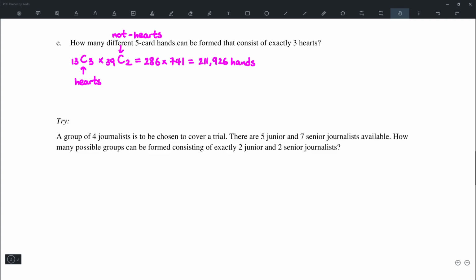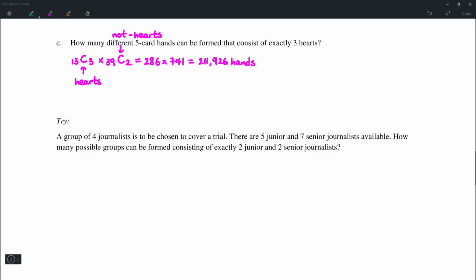Okay, next question is still about combinations along with the fundamental counting principle. So here it says we are selecting 4 journalists to cover a trial. There are 5 junior and 7 senior journalists available, and the group is going to contain 2 junior and 2 senior journalists. So it's a lot like the previous question.